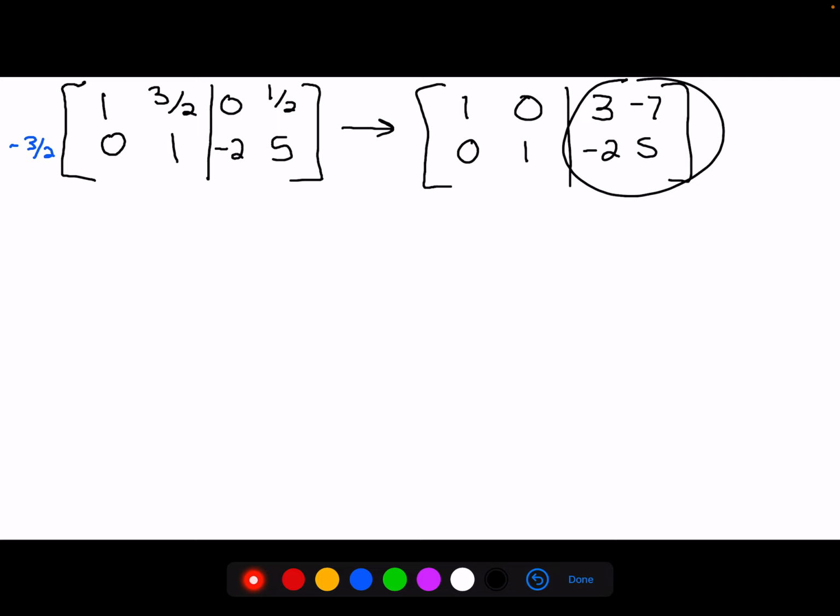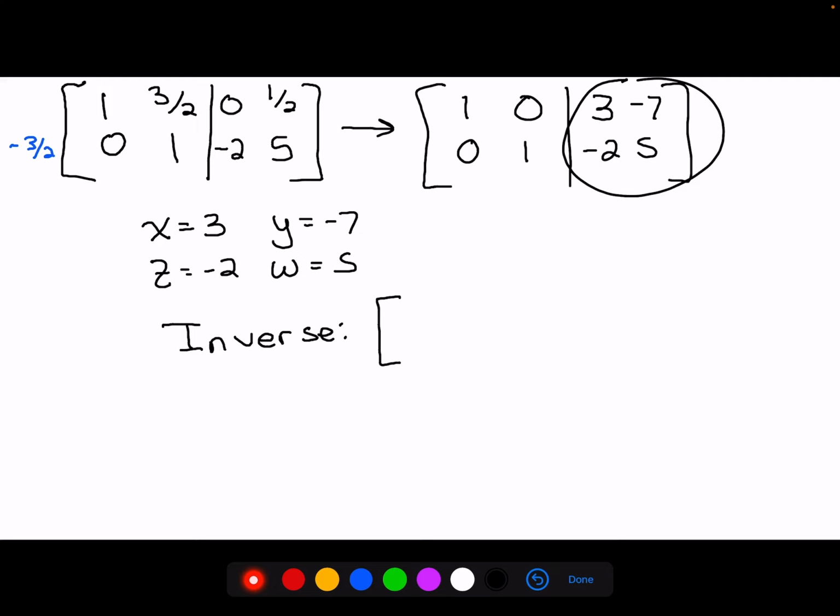Now that I've got the left side down to 1, 0, 0, 1, the right side gives me my solutions that I need. So that inverse matrix is 3, -7, -2, 5.